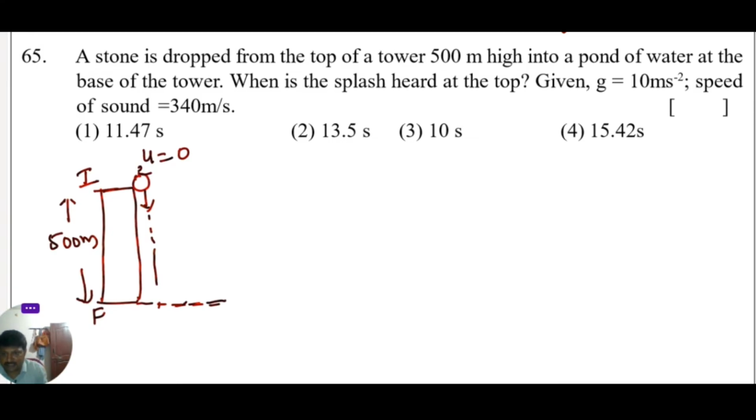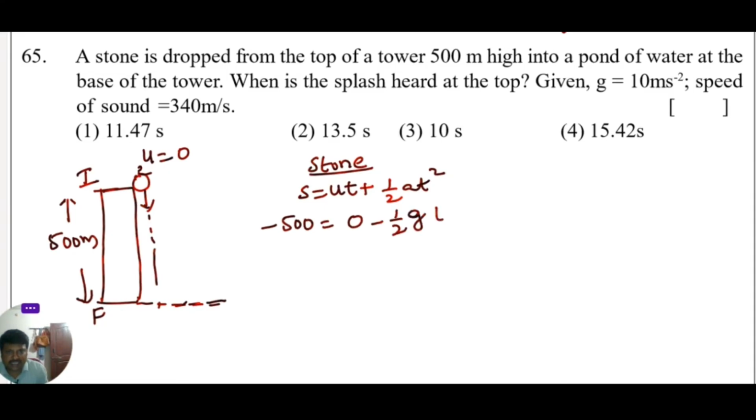If the displacement is below the initial position, that is taken as negative. So for the stone use the second equation of motion, s equal to ut plus half at square. Here u is 0, displacement is minus 500, so this is minus half in the place of a, minus g, t square.